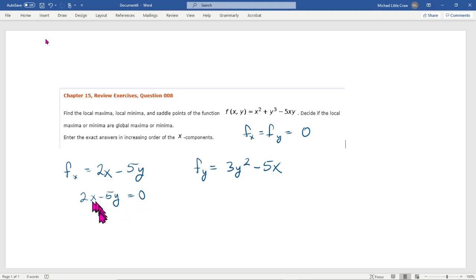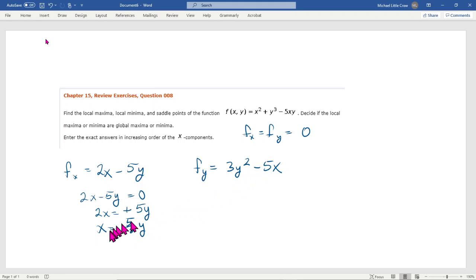Those are critical points. Okay, so this one we could solve. We get 2x equals positive 5y. Add 5y to both sides and then divide by 2. So x is equal to 5 halves y.